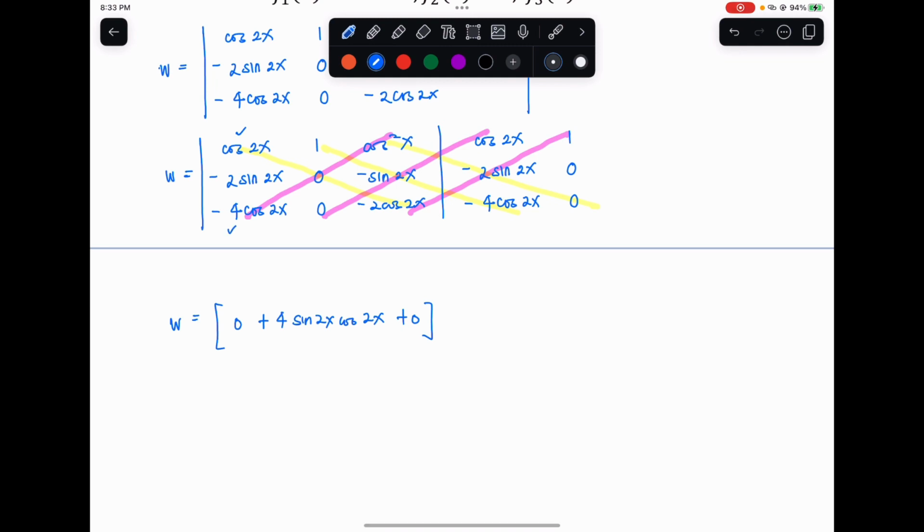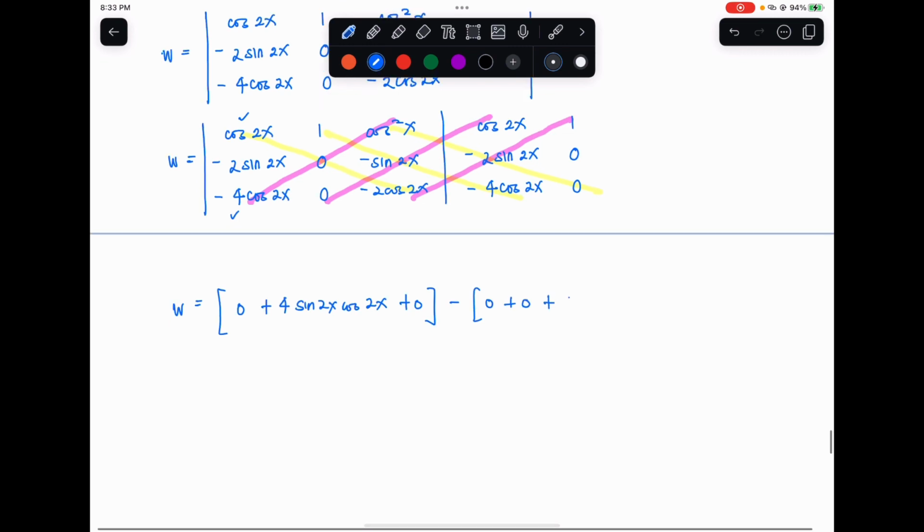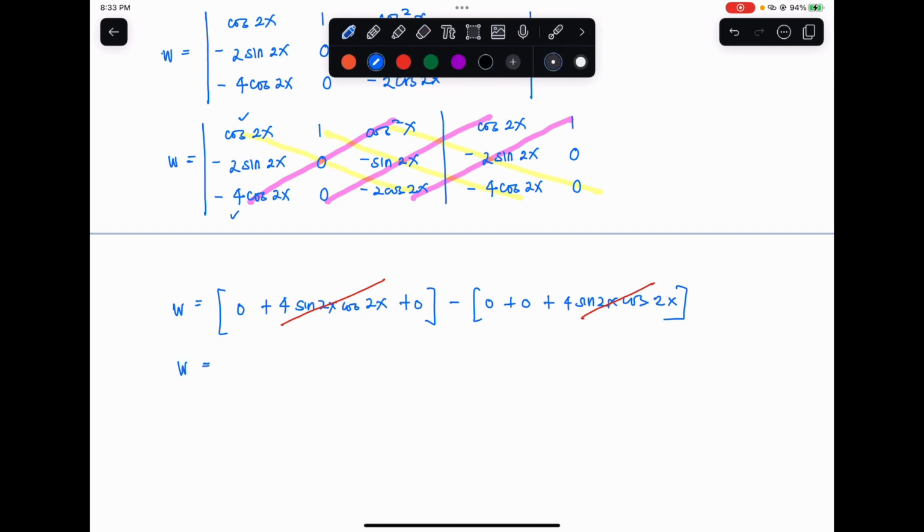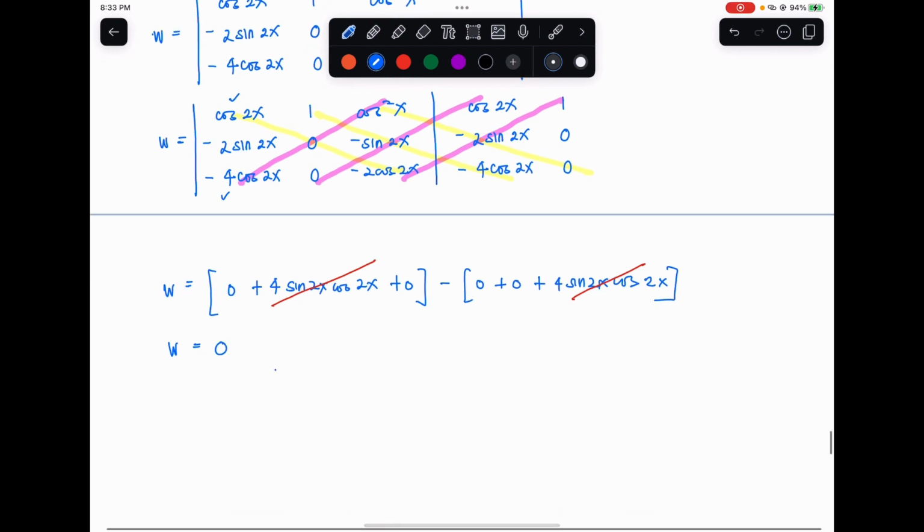For the other diagonals, negative 4 cosine 2x times 0 would be 0, the second contains 0 as well, and for the third, I'll have negative 2 and negative 2, that would be positive 4 sine 2x cosine 2x. We can see here that it will cancel out: 4 minus 4 makes it equal to 0. And thus, W is equal to 0. So that makes it linearly dependent.